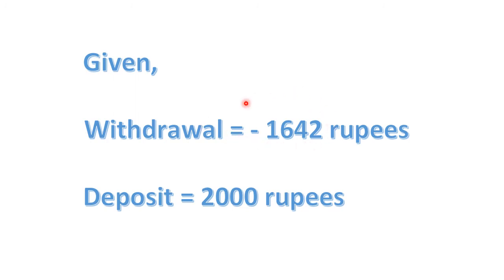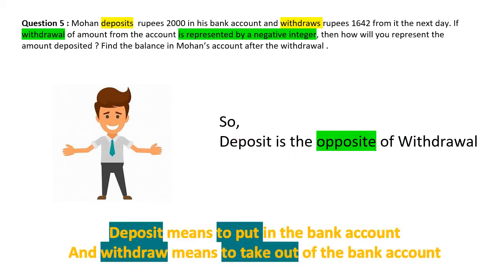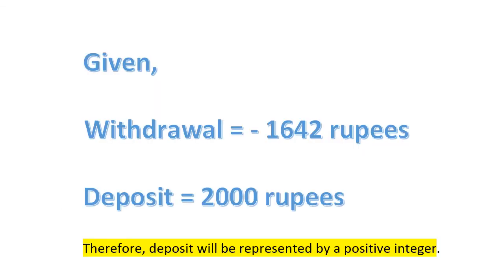So since withdrawal is negative, definitely deposit should be positive. Deposit means to put in the bank account and withdraw means to take out, so withdrawal will be negative and deposit will be positive. Therefore, deposit will be represented by a positive number, right?